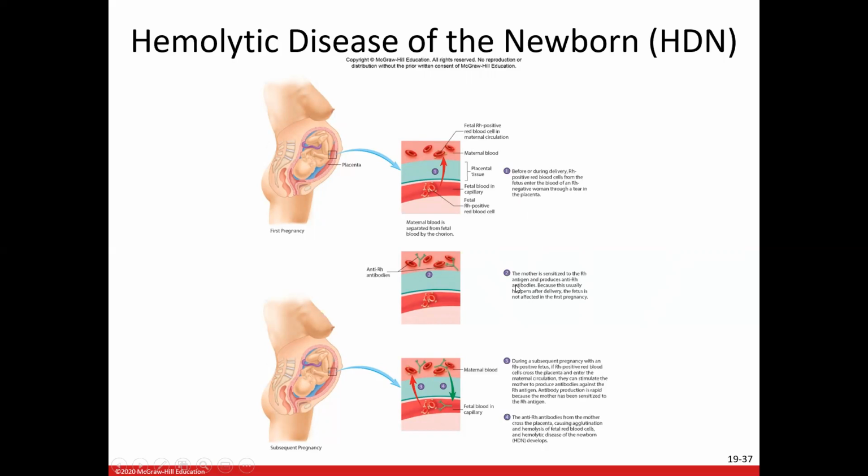This can be unfortunate because you may have the production of RH antibodies on the mom's side, and the mom is now very sensitized to that antigen by producing the anti-RH antibodies. This doesn't really come into play until the second pregnancy.